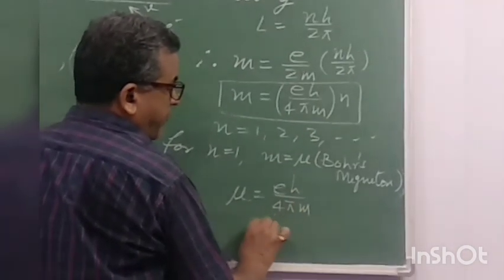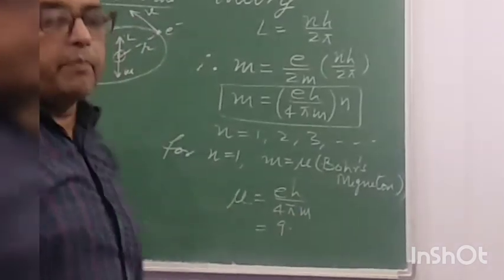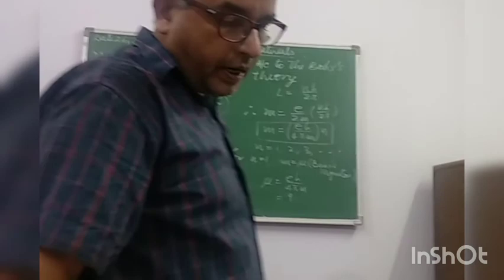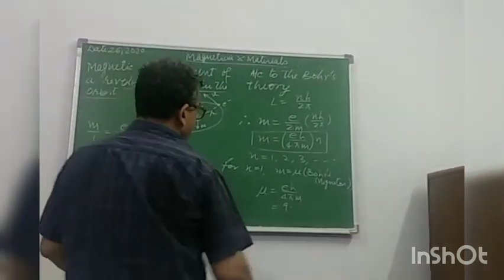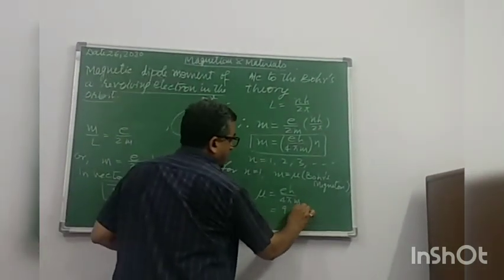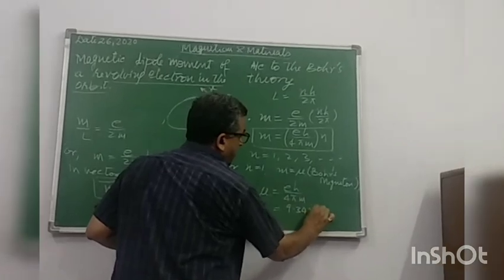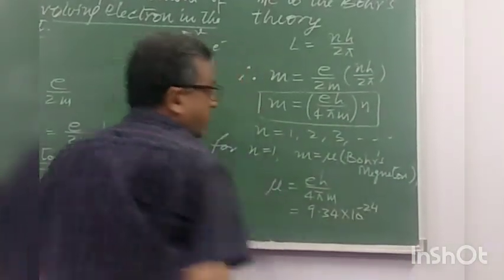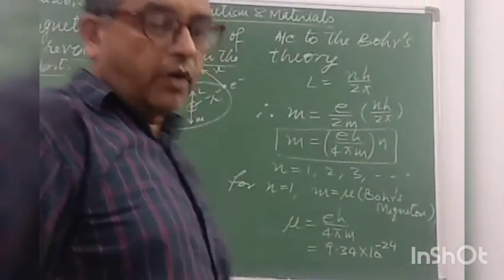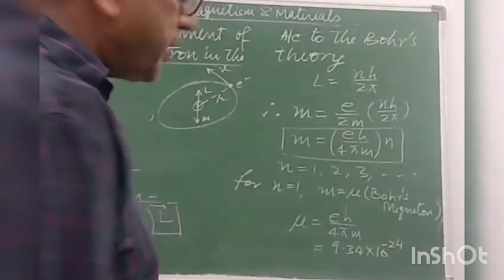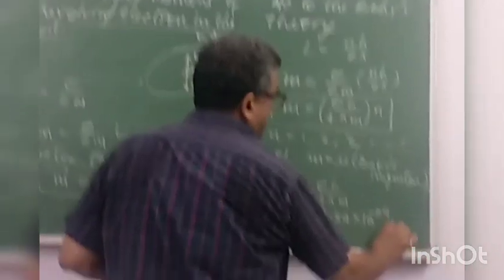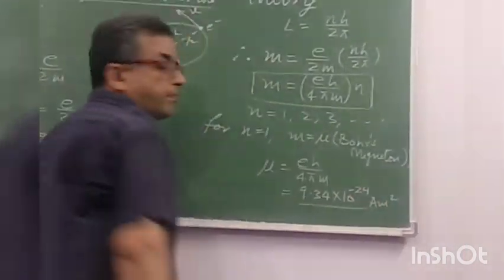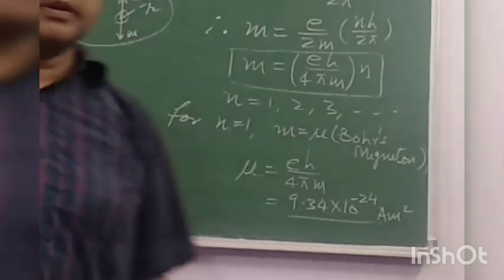This is a fixed value, 9.34 into 10 raised to power minus 24, and the unit is ampere meter square. So this is the Bohr magneton.